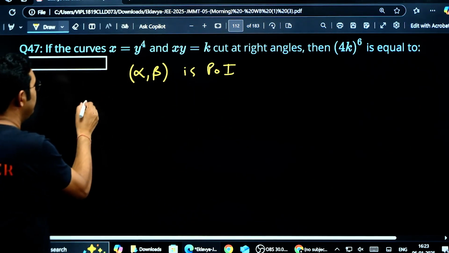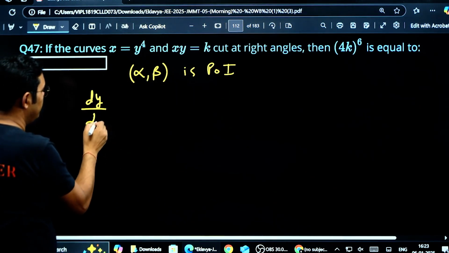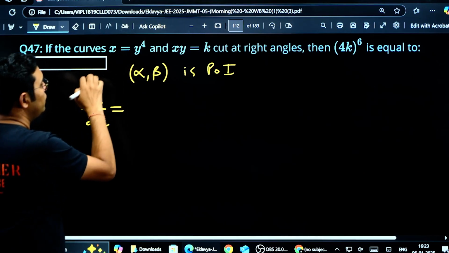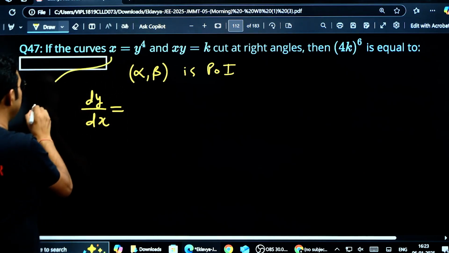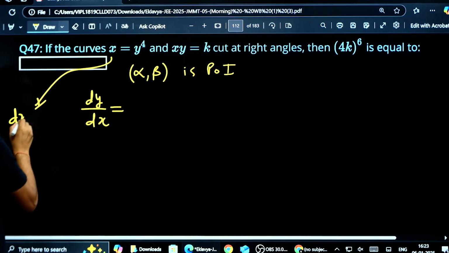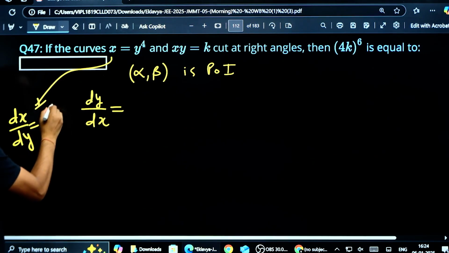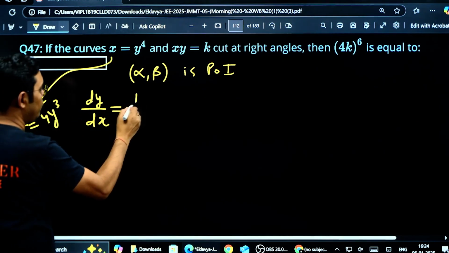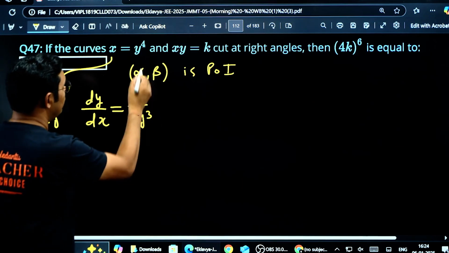Then let us find dy upon dx for the first one. If I differentiate this with respect to y, I think that is easy, because dx upon dy, if you differentiate with respect to y, will be 4y cube. So dy upon dx will be equal to 1 upon 4y cube for the first curve.